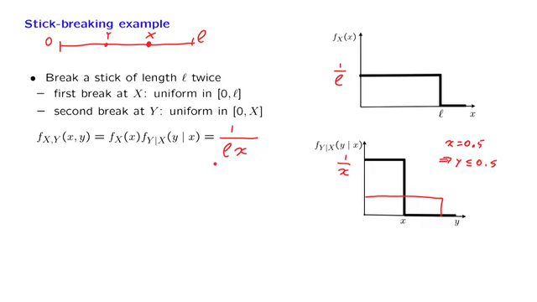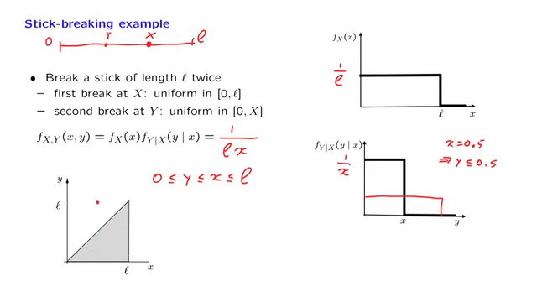It is correct only for those values that are possible, so 0 has to be less than y, less than x, less than L. This is the range of values that are possible in this particular experiment, and we can visualize those values. They are those that correspond to this shaded triangle here.